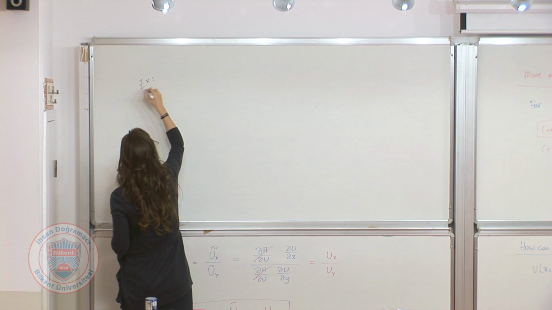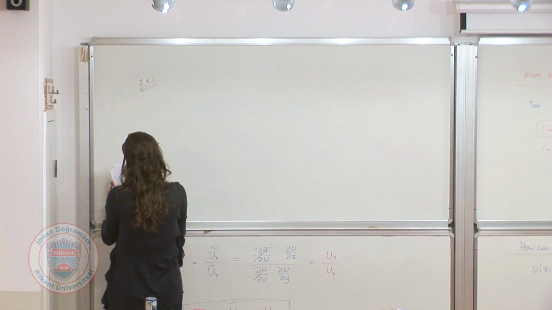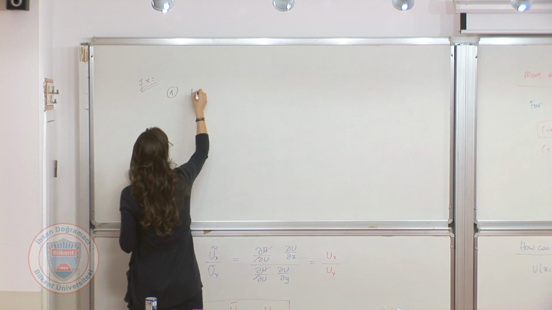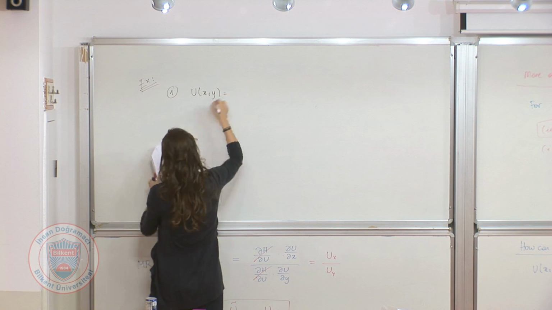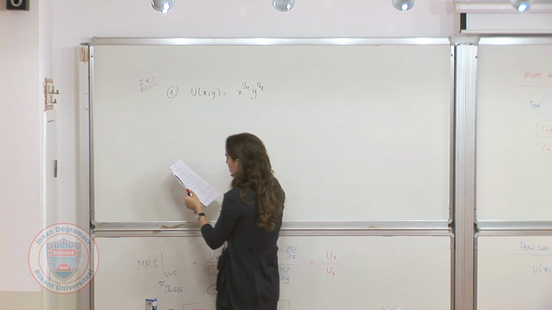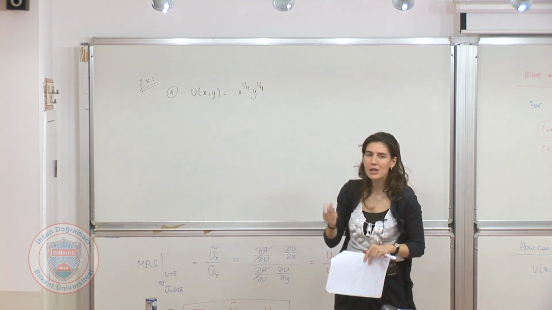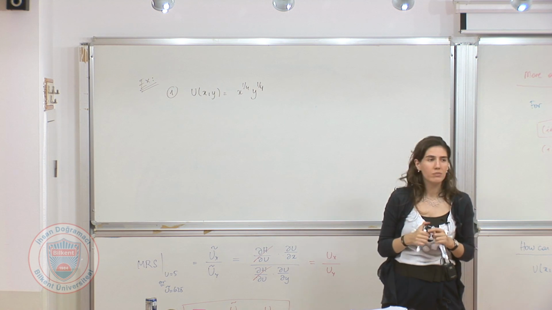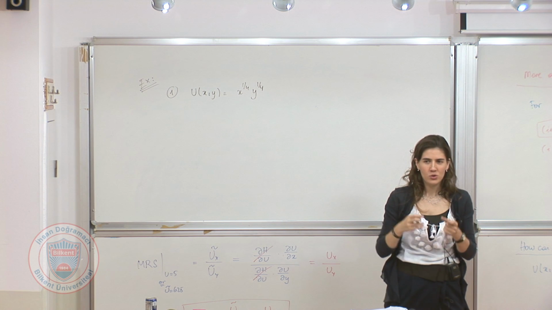Now, some examples, right? Suppose I ask you whether these indifference curves are strictly convex. Suppose this is the first one, u of xy is this guy, y to the power 1 over 4. What can you check? You have different ways.